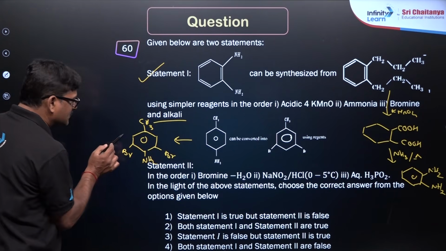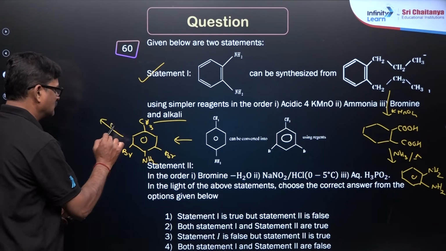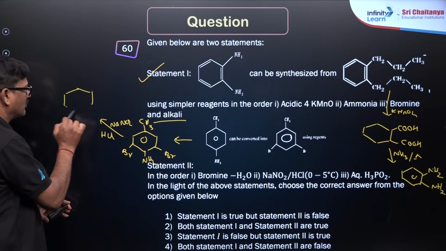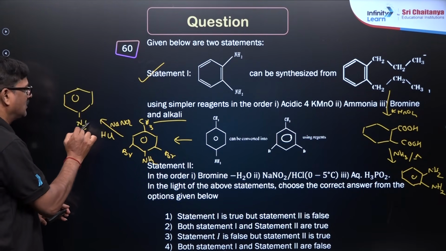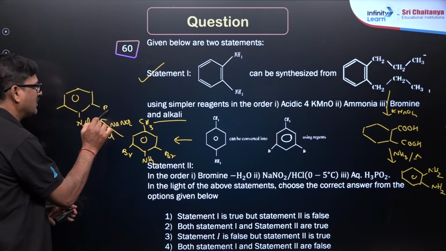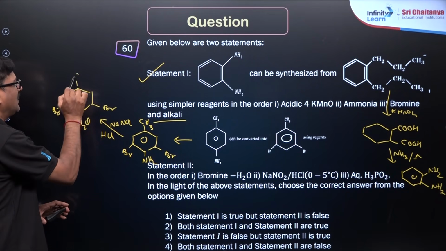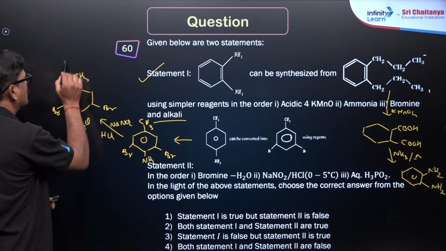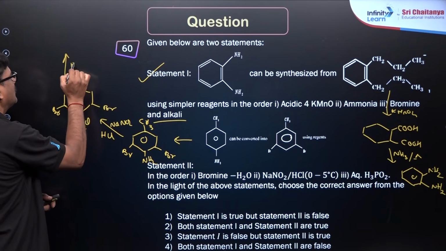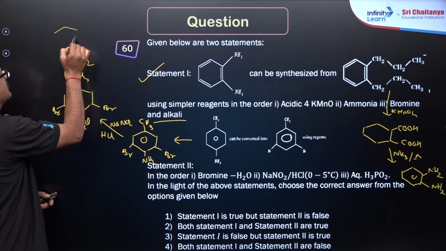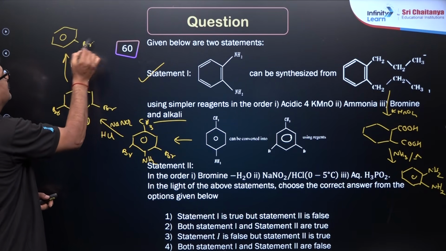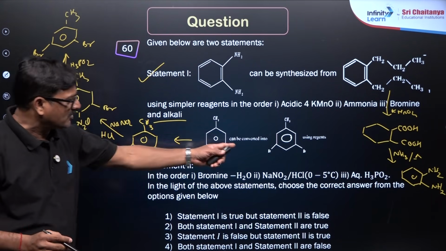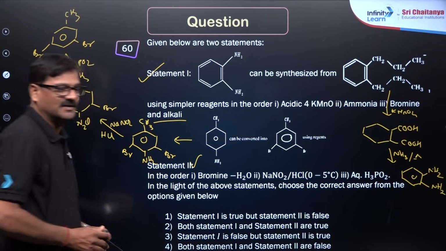Now NaNO2 HCl diazotization, you are going to get the diazo compound, N2Cl, with Br and Br and CH3. Later on, aqueous H3PO2, the diazo group is lost. You are going to see Br and Br and CH3. So we got the product, and statement 2 is also correct.